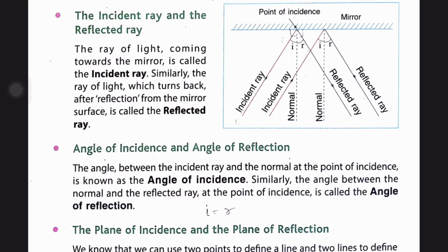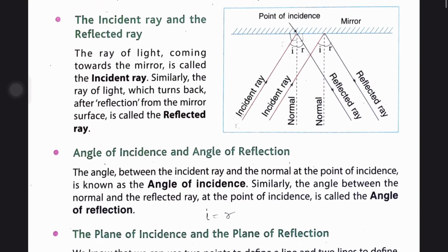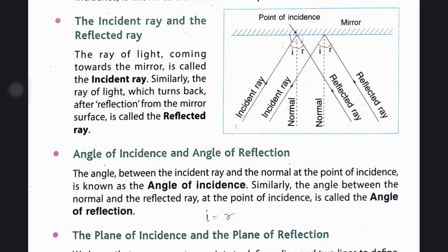You can see in this figure the incident ray which is falling on the surface of the mirror and the reflected ray which is just coming back from the mirror after reflection.